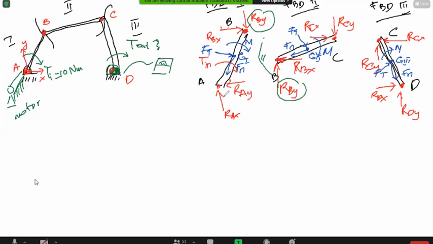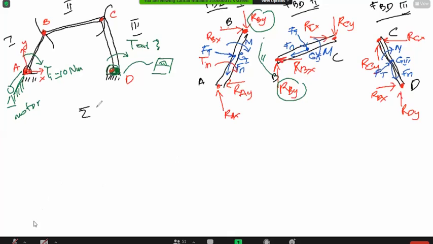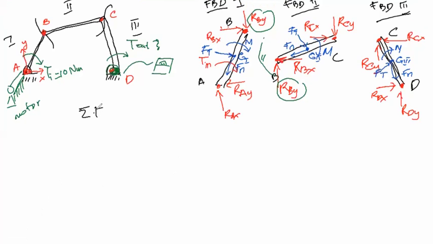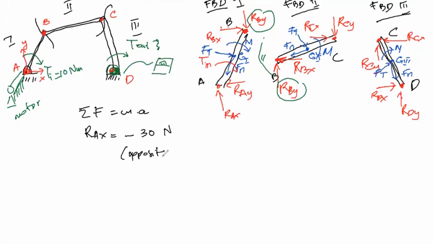At this point, we don't know yet, because if you remember, if you compute by using sigma F equal to m times a in the rigid body analysis, somehow you will end up at RAX equal to minus 30 Newton. So here you should give a note. This is in the opposite direction from the FBD.